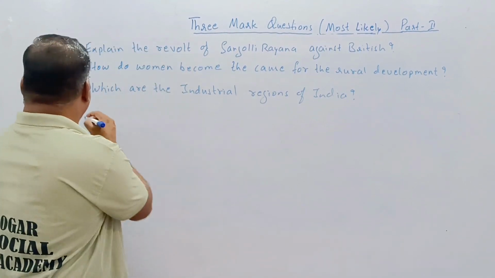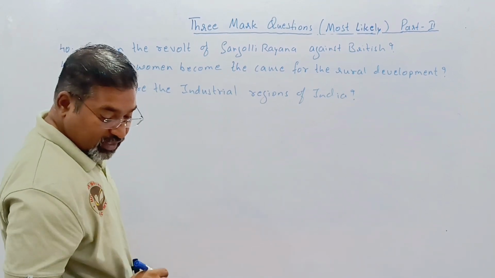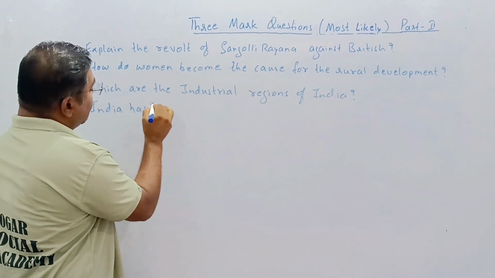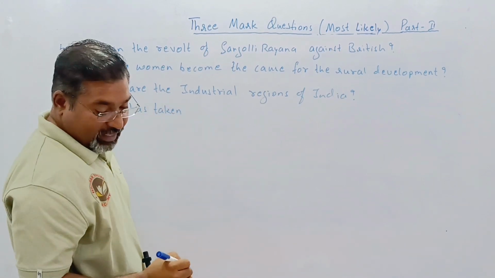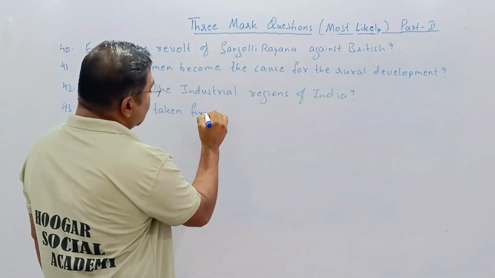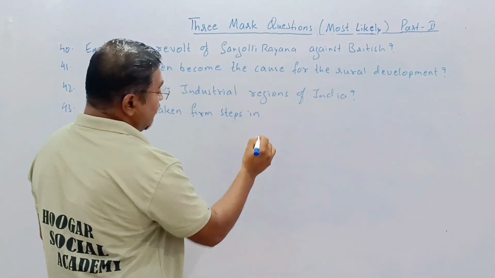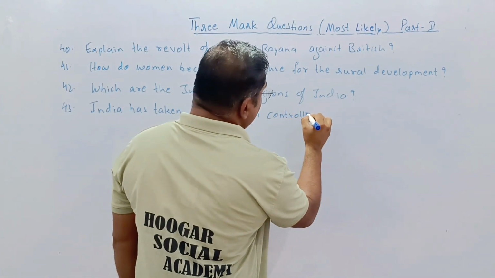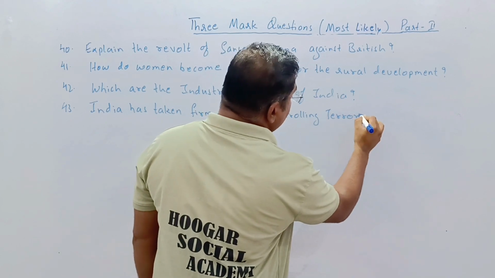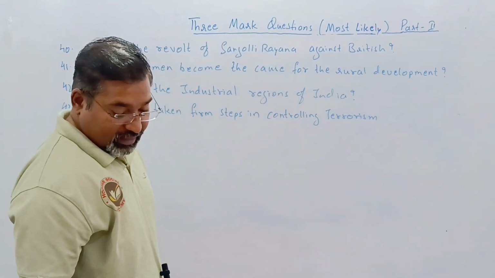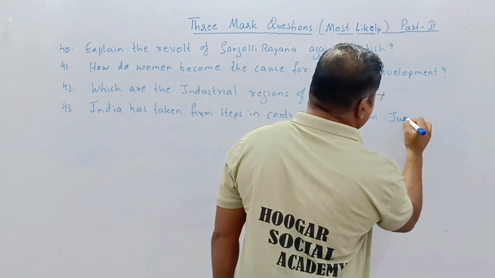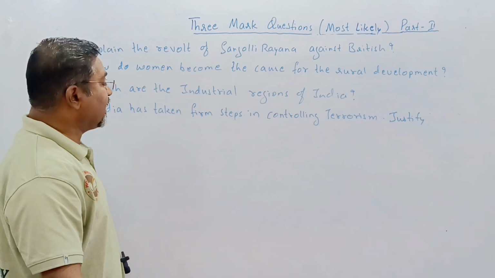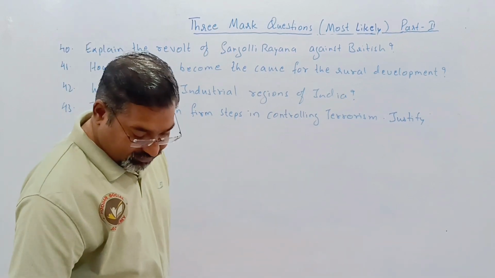Okay, another one, the 43rd question: India has taken firm steps in controlling terrorism. You are going to justify. India has taken firm steps in controlling terrorism. Justify, you are going to do it.